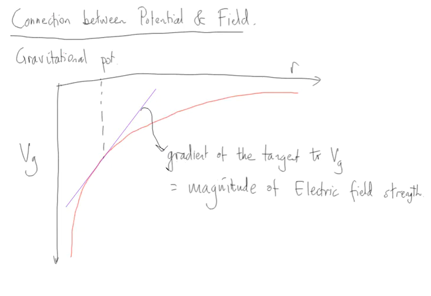Likewise, if we had electric potential, and took the tangent to the curve of the electric potential, it would give us the magnitude of the electric field strength. Sorry, this should be gravitational field strength here.